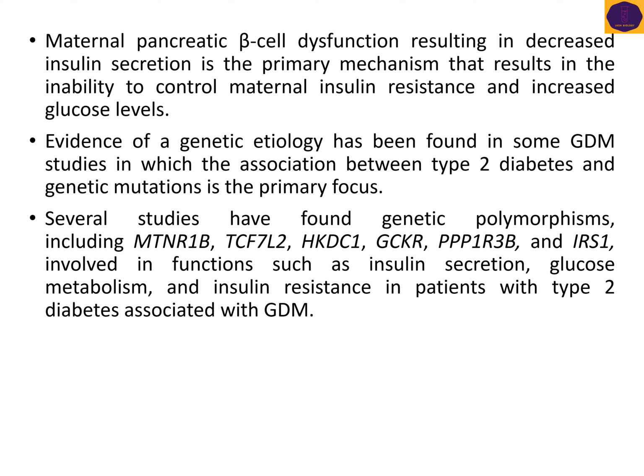These are involved in functions such as insulin secretion, glucose metabolism, and insulin resistance in patients with type 2 diabetes associated GDM. So these genes are directly or indirectly linked with glucose metabolism.